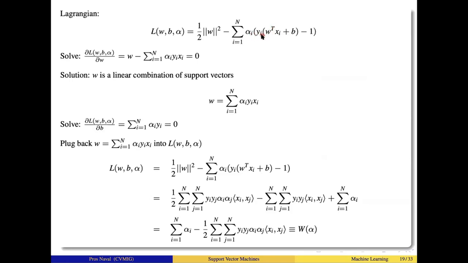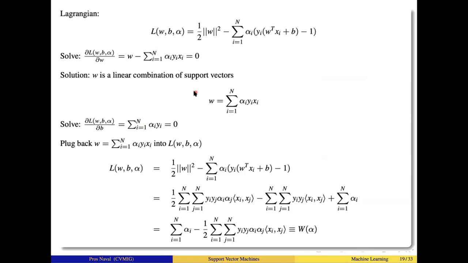So alpha y xi, which is this, alpha y xi. Remember, we are differentiating with respect to w. That's why this quantity disappeared. Again, this is a sum over the values for this for I equals 1 to n.